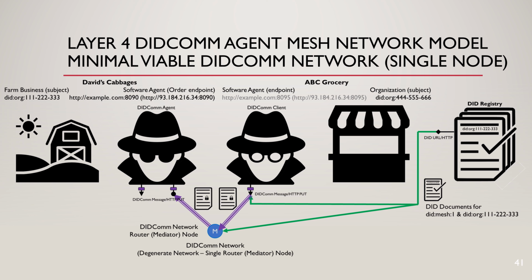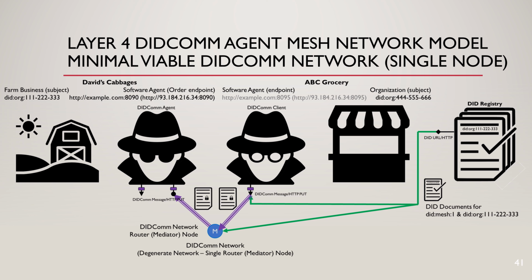There is the concept of the minimal viable DIDComm network for development purposes, which is just a single node. I've added this here to highlight the disconnected agent scenario where the agent on the left may be offline, the computer or laptop or phone may not be running, and the client wants to send a reliable, resilient DIDComm message over to that disconnected client.